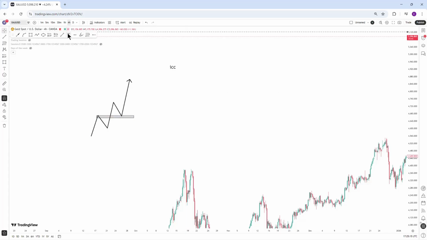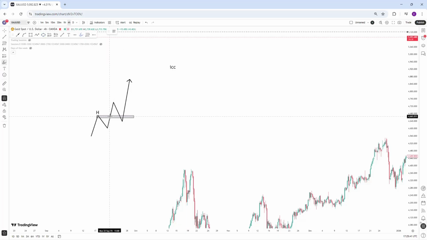Whenever price breaks a high like this, from this point, price broke above here, indicating it is buying pressure in the market.